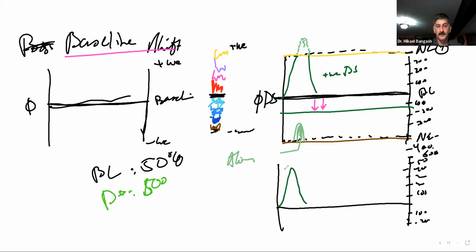Now some of you may ask, is that only possible if we had a positive Doppler shift with aliasing? No. The same applies even if you had a negative Doppler shift and let's say some aliasing.